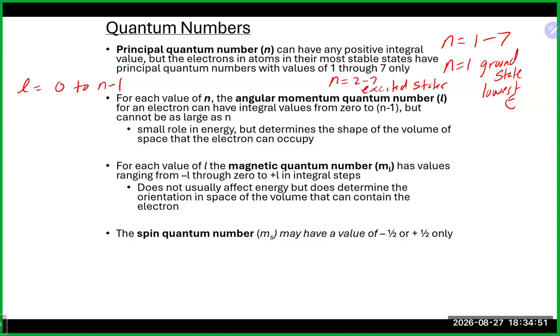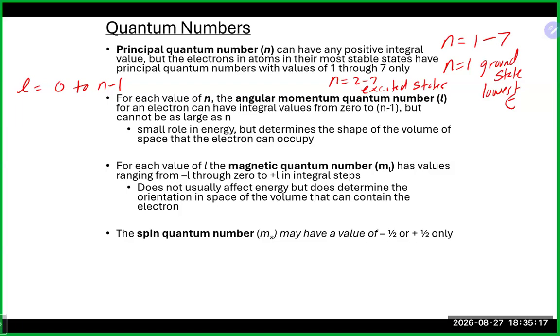And we'll talk about what that means in just a second. But for every n value you will have an L value. What is really L? I'll be honest with you. L is the type of orbital you end up with. Is it an s orbital? Is it a p orbital? Is it a d orbital? Is it an f orbital? It tells you the type of orbital there is on that particular energy level that you may be on.